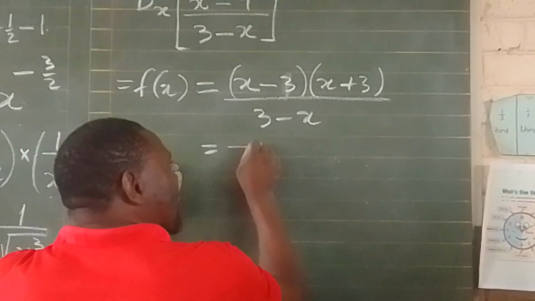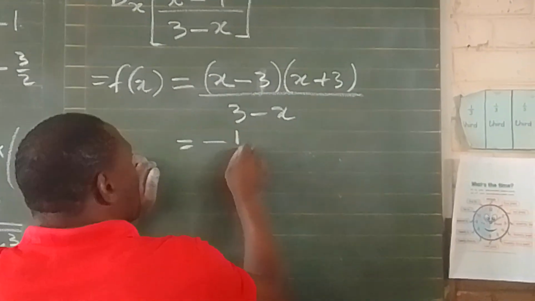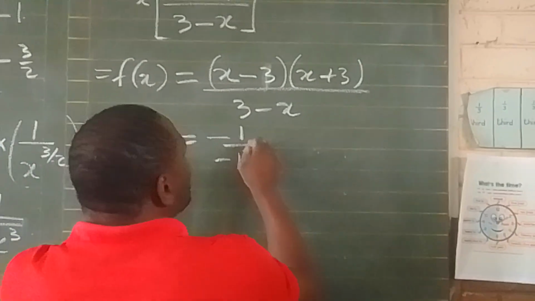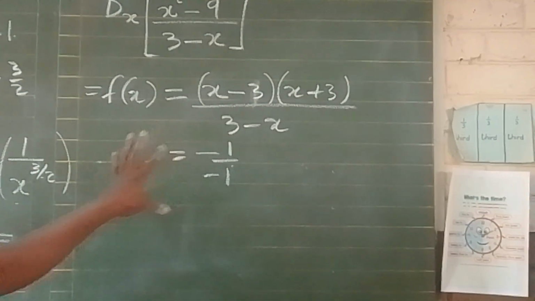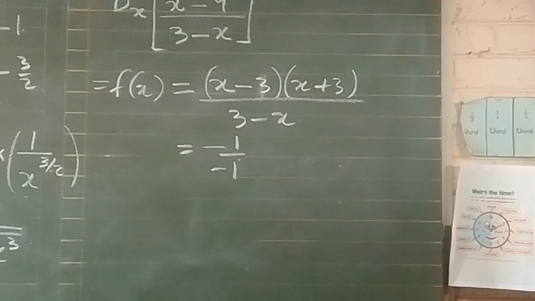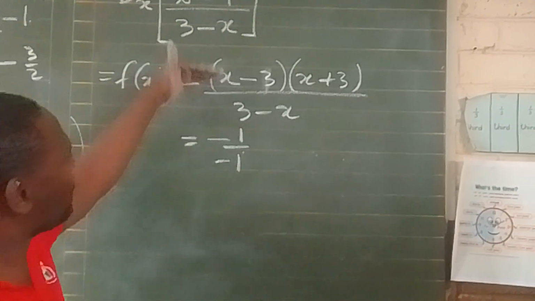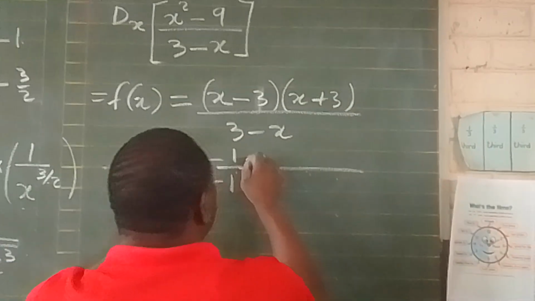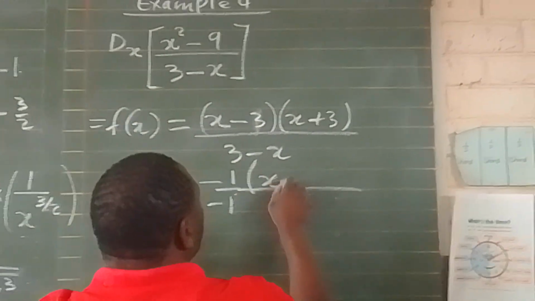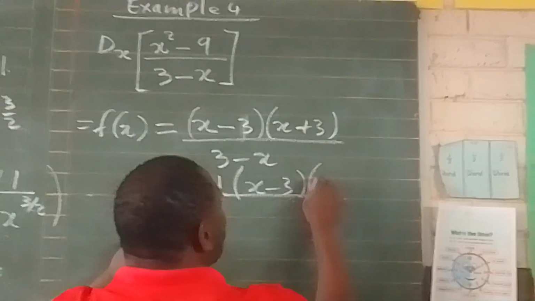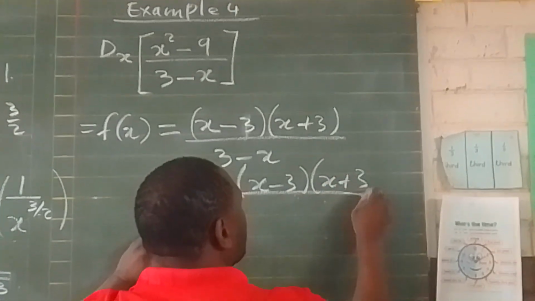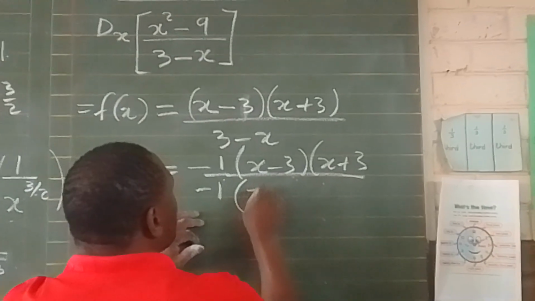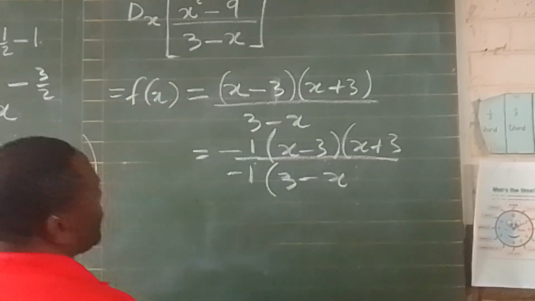When you divide a negative 1 by a negative 1, you have divided by 1. You've done nothing. So we're going to apply the negative sign on the numerator, x minus 3, x plus 3. Here it is going to be negative 1 times 3 minus x.